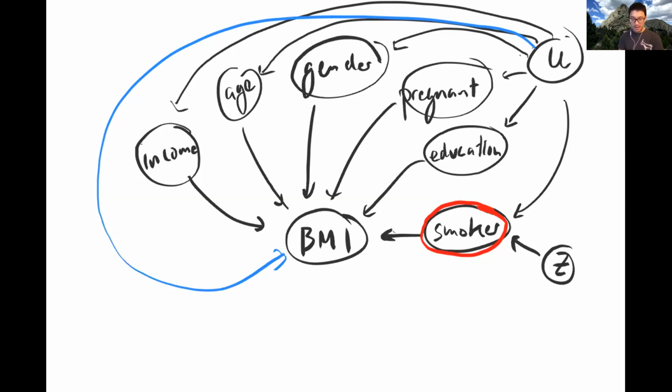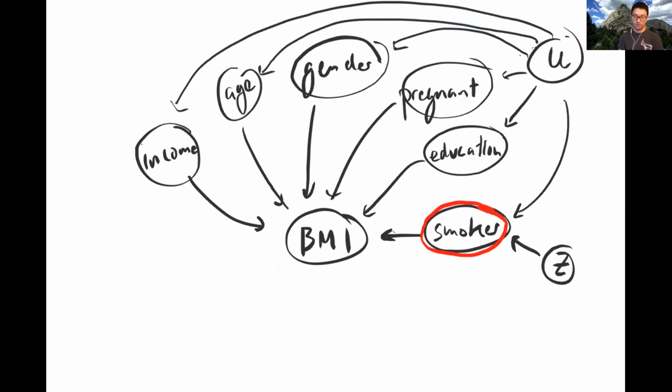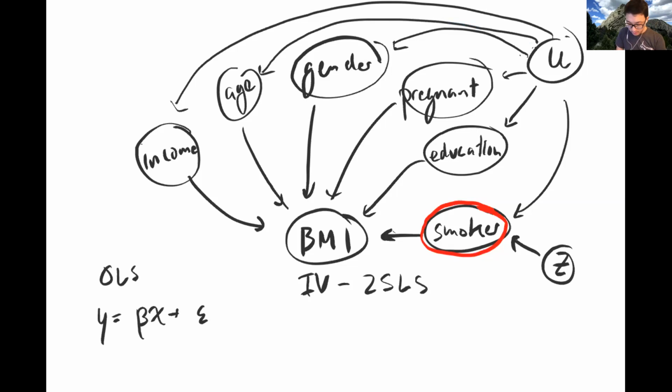Okay, so how do you actually run an instrumental variable regression? In our ordinary least squares, we do something like y is equal to beta x plus epsilon. In instrumental variable, there's a technique called 2SLS, which stands for two-stage least squares.